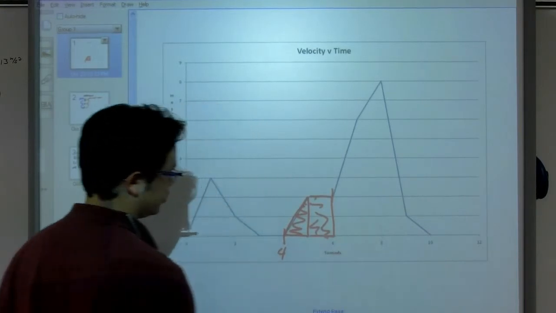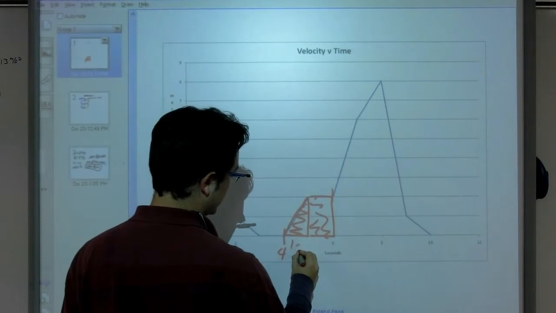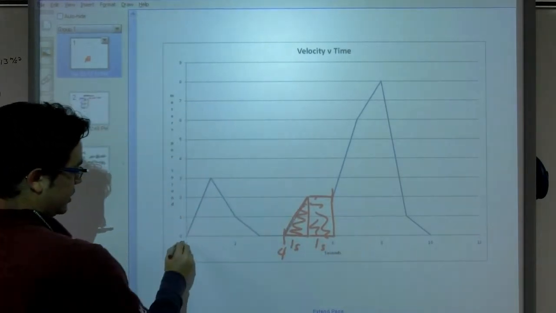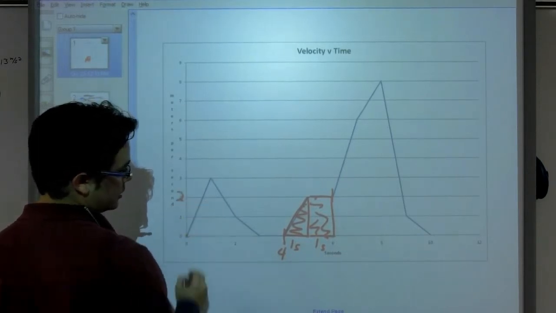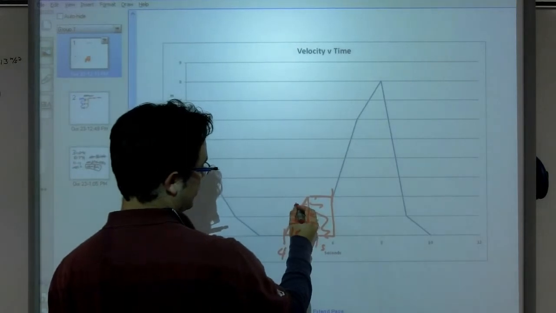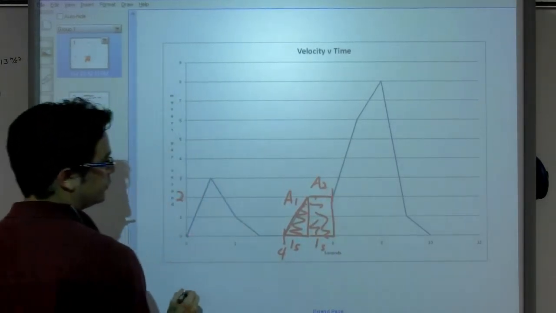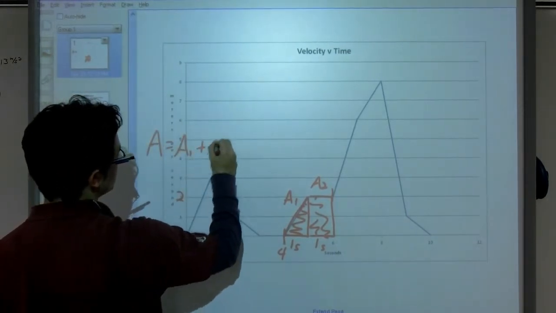So if I want to find my total displacement in that period, okay, this is 1 second, and this is 1 second. My heights involved here are 0 to 2 meters per second. So I'm going to split this up. I've got area 1 and area 2. Okay? And my total area, A, will be equal to A1 plus A2.